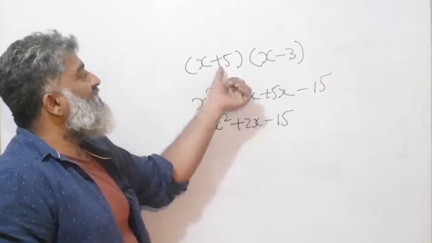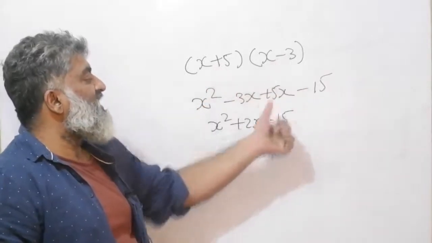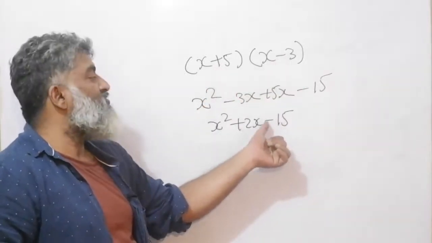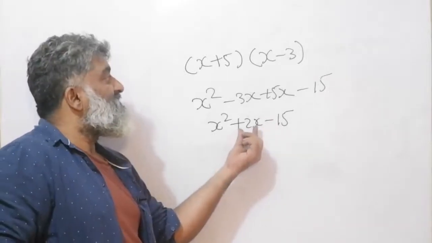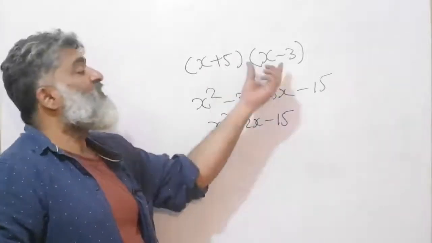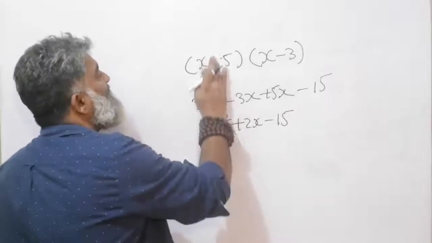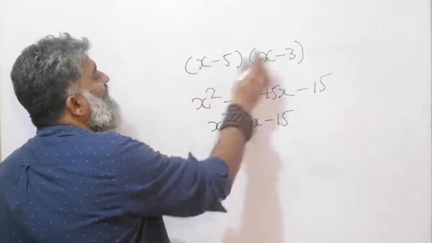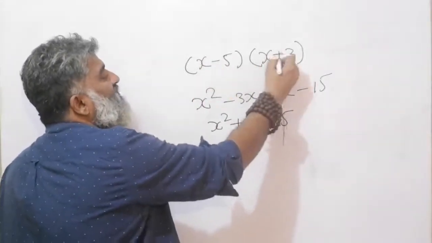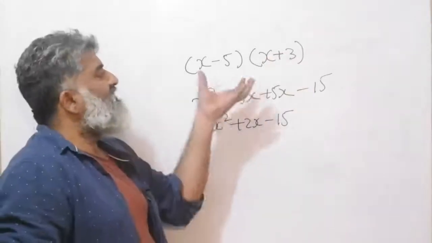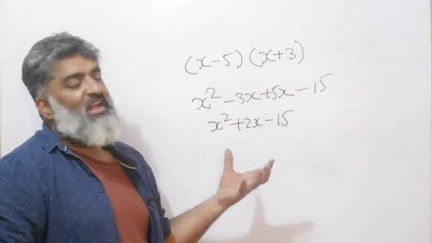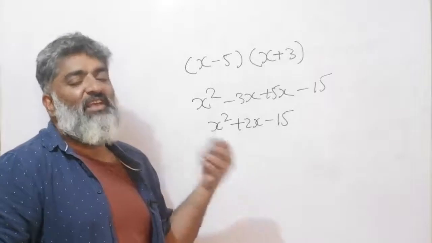So notice, if one of them is positive and the other one is negative, the final product turns out to be negative. Whether the middle term is positive or negative depends on which one is bigger. So for example, what if I change the story to x minus 5? And what are we doing right now? We are just playing, so that we play with this so many times that the basic equation at least is very familiar to us.